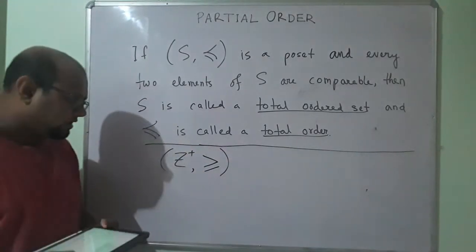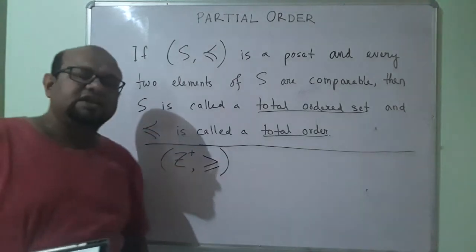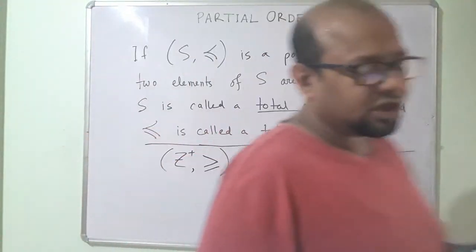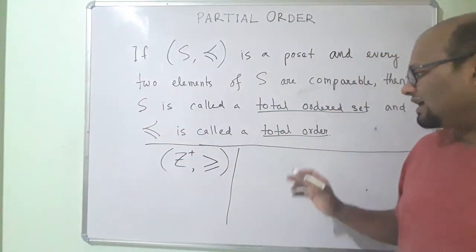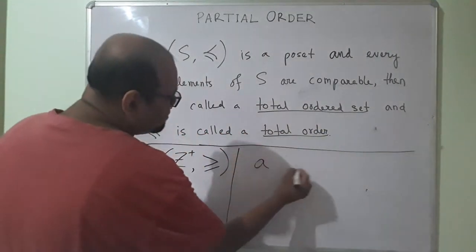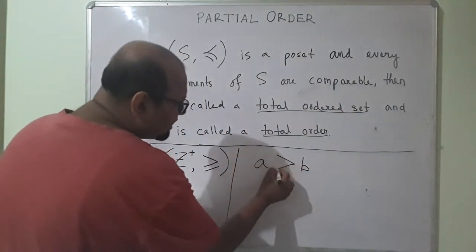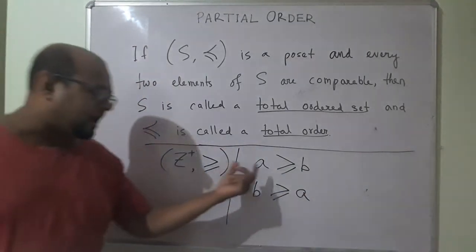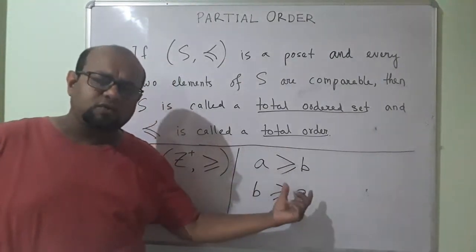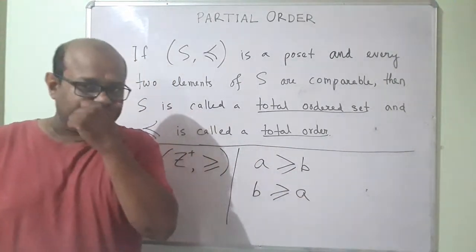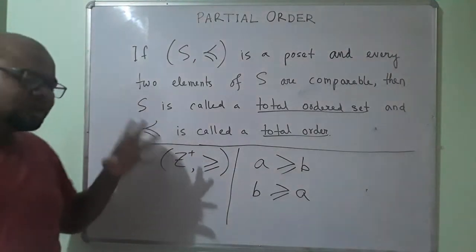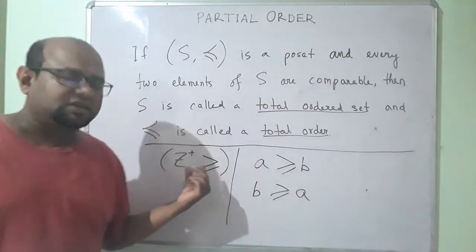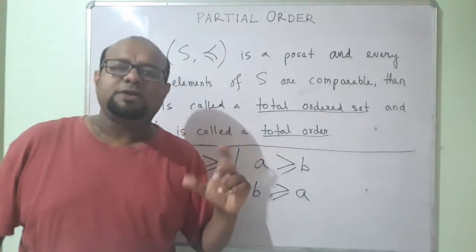relation once again. The set of all positive integers and the greater than or equal to relation. So what will happen here? If I take any elements A and B from this set of positive integers, either A will be greater than or equal to B or B will be greater than or equal to A, right? Any arbitrary A and B that I pick from my set will be comparable.